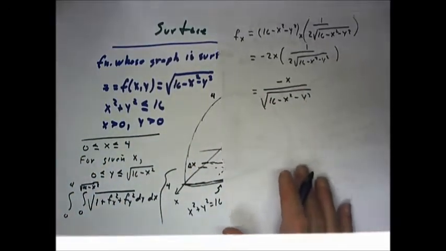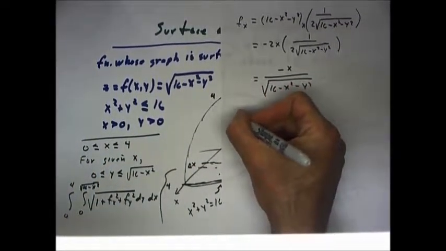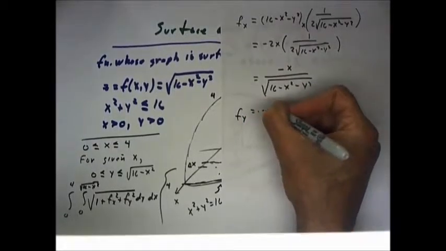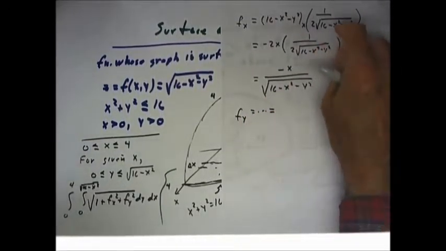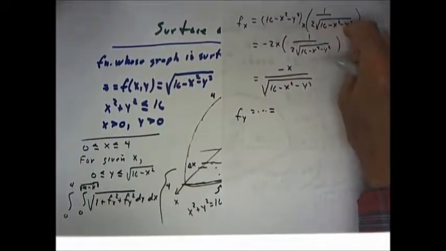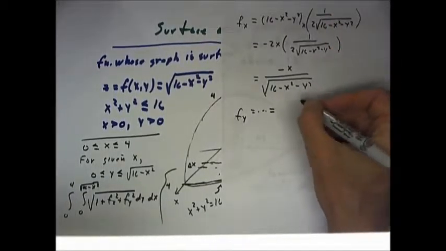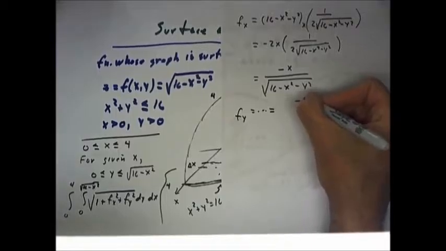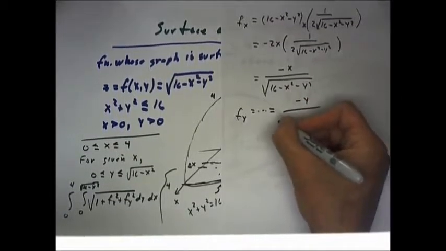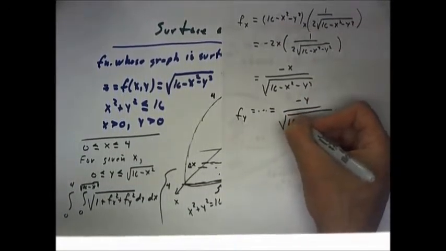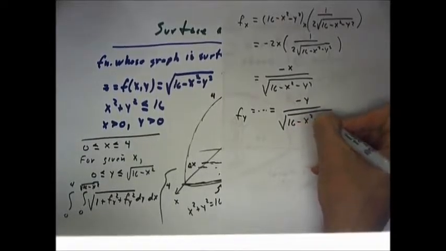Very analogously, our y derivative is calculated. Not going to go through the details of that because x and y both appear in the expression in exactly the same form. We're just going to get negative y over the square root of 16 minus x squared minus y squared.